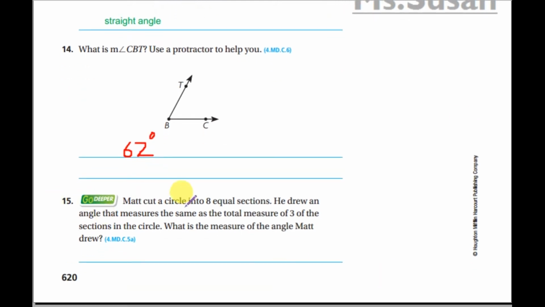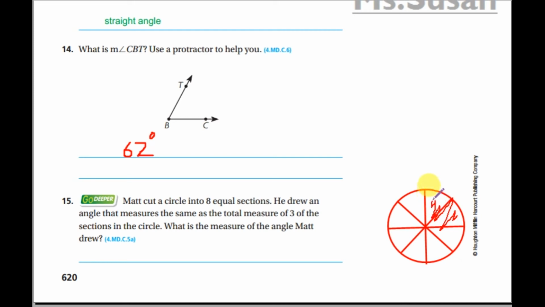Matt cut a circle into 8 equal sections. Now he colored his angle, 3 parts out of 8. So first, what is the angle of 1/8 here? You know the angle of 1/4. The 1/4, the quarter of the circle, is 90 degrees, right?